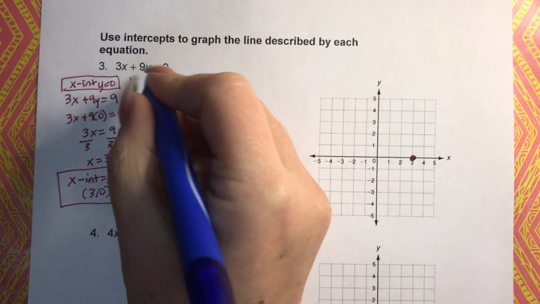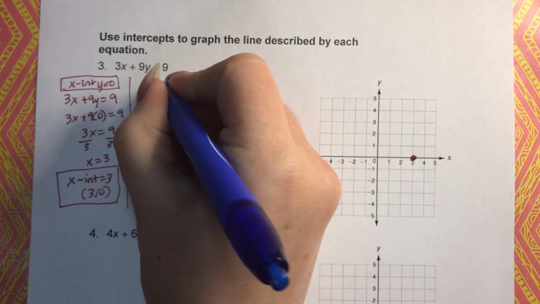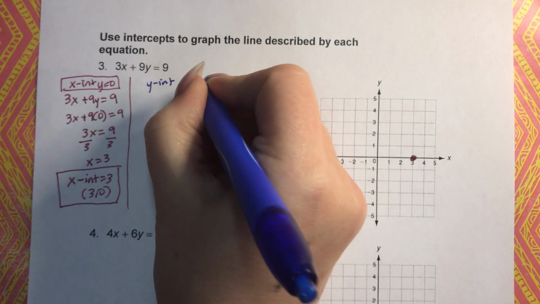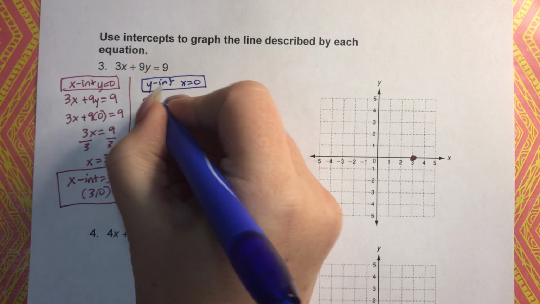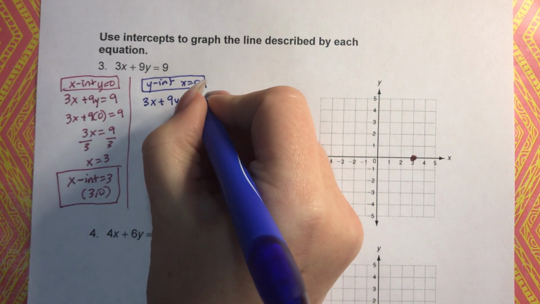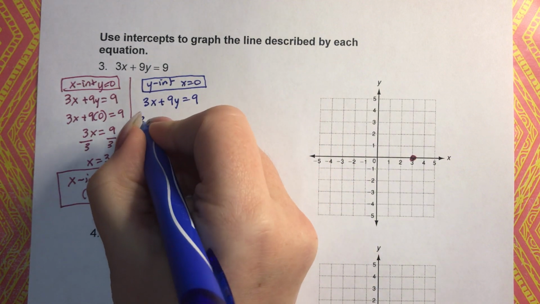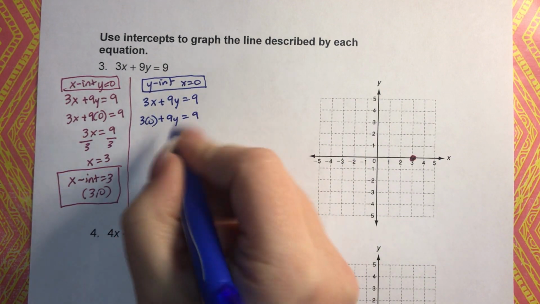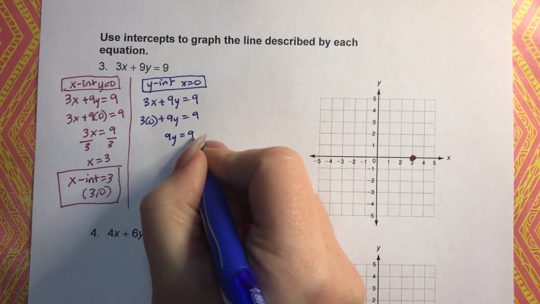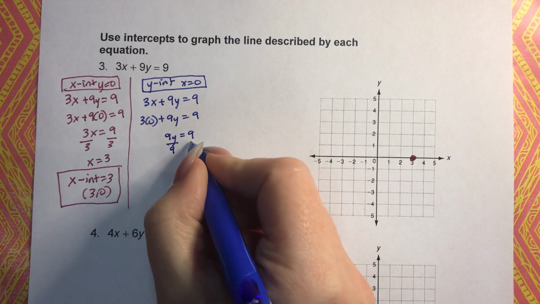Okay, now let's do the y-intercept. So what do we know about the y-intercept? Well, we know that x is always equal to 0, right? I'm going to write that original equation. And then we just substitute in. Okay, that's going to equal 0. Nice. Get y by itself, so I divide by 9 to both sides.